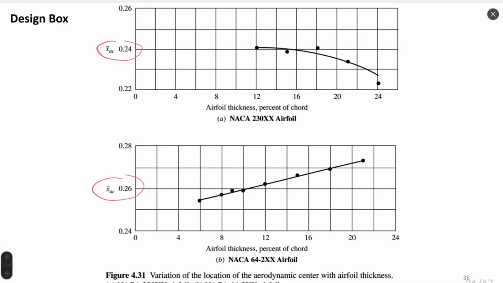It can be more linear or closer to a parabolic function, as you see in case A. But always the reference value is 25%. We can see in case A, 25% is right here, 0.25. And for case B, 25% is here, 0.25. So it's the reference for both cases.